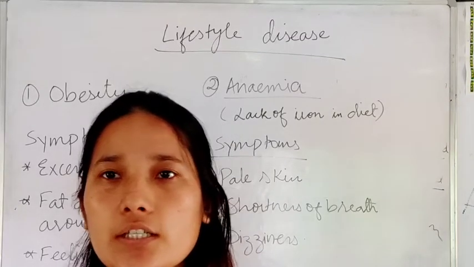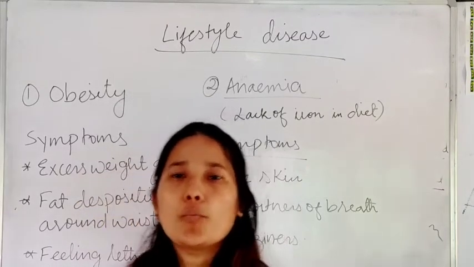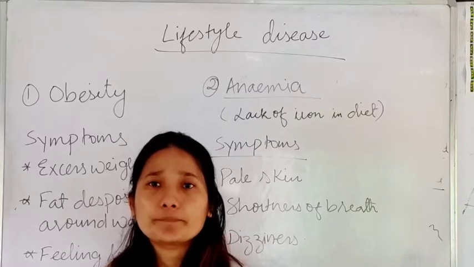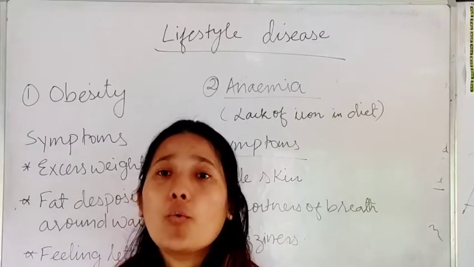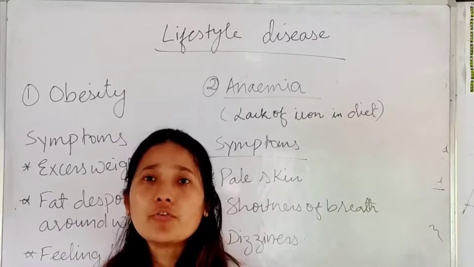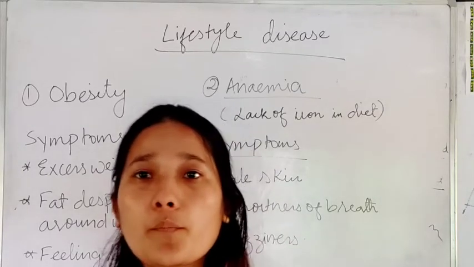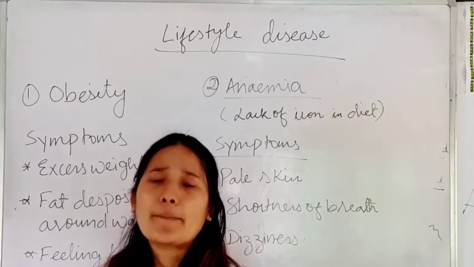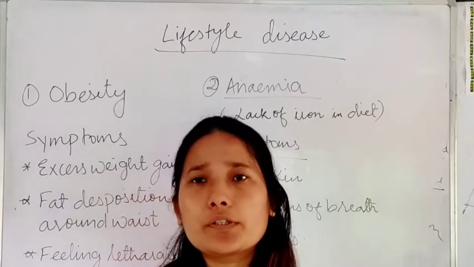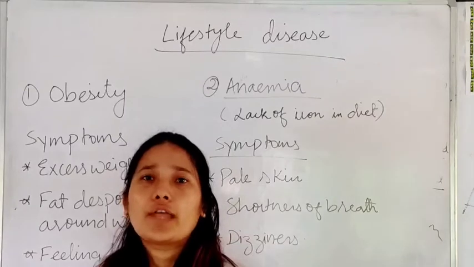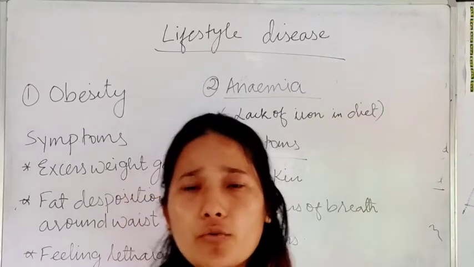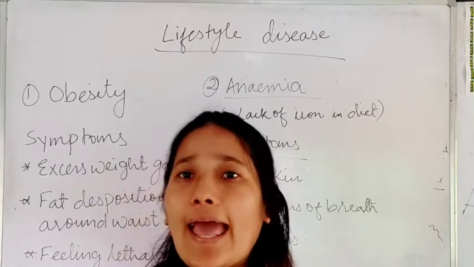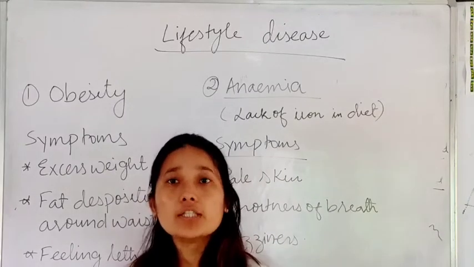First let us discuss obesity. When does it occur? It occurs when you eat lots and lots of junk food or food which is rich in fats. How do you know that a particular person is obese? That person gains an enormous amount of weight and has fat deposition around the waist.